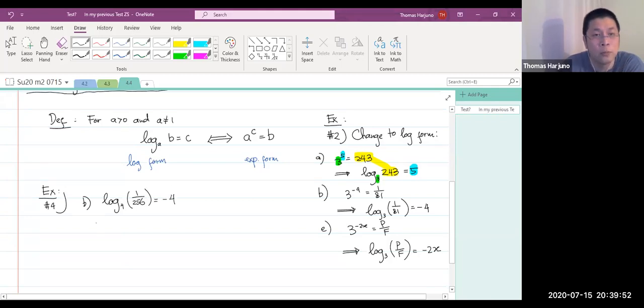That's the log form. So what is the exponential form? It will be the base to the exponent equals the argument. So this is the base, this is the exponent, this is the argument.